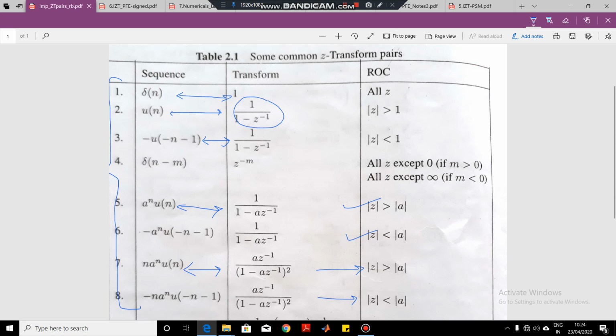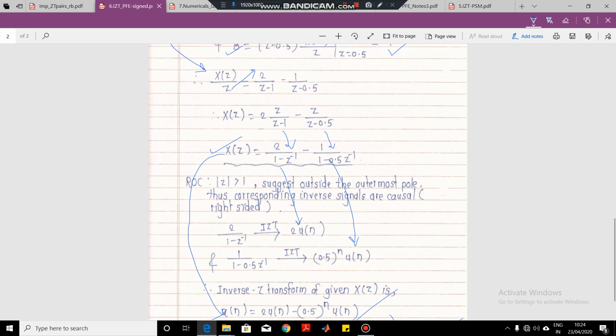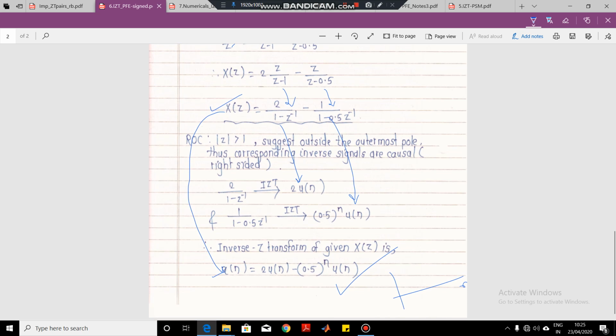These pairs should be fixed in our mind, so that whenever we get a Z transform of this form, we should be able to interpret what will be the time domain representation corresponding to the ROC that is given. This is how we interpreted Z upon Z minus 1, converted it into the standard pair, then found its time domain equivalent, and then specified the final answer. So this is how we solve the numericals of inverse Z transform using partial fraction expansion.